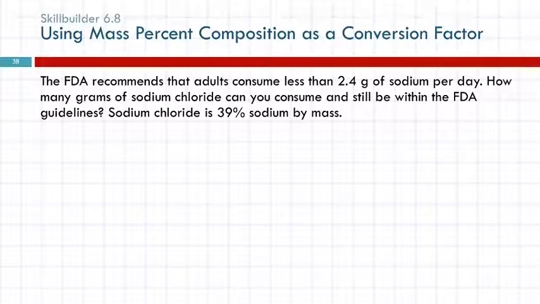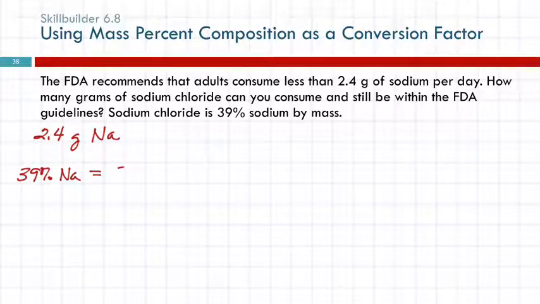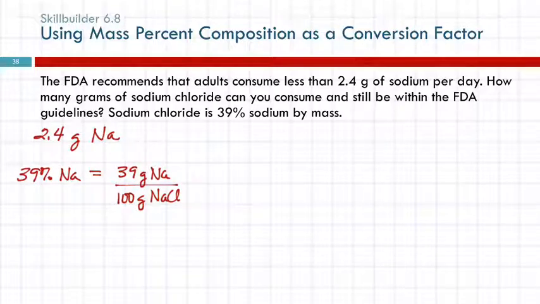So we still want to write down what we've got here. 2.4 grams of sodium. That percent, 39% sodium. I want to write that as a conversion factor. 39 grams of sodium per 100 grams of sodium chloride. The question is, how many grams of sodium chloride?